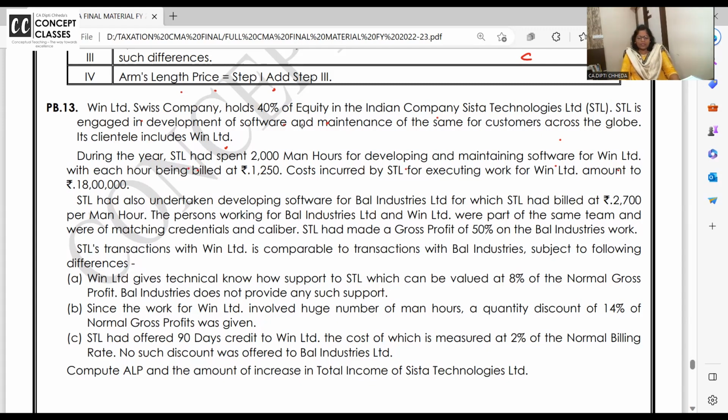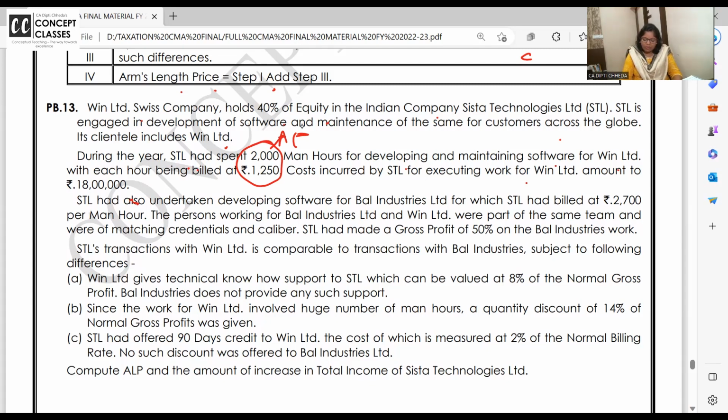So 2000 into 1250, this is what I have charged. So can I say this is my actual price? Read the question carefully. Now, what is the cost incurred? For STL, the cost incurred is 18 lakhs.